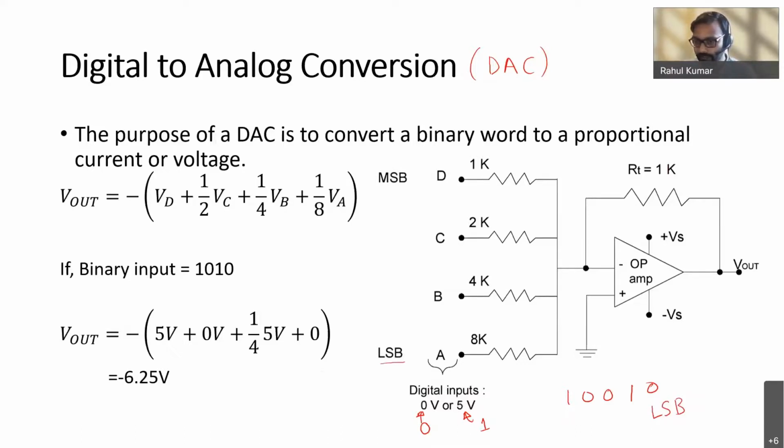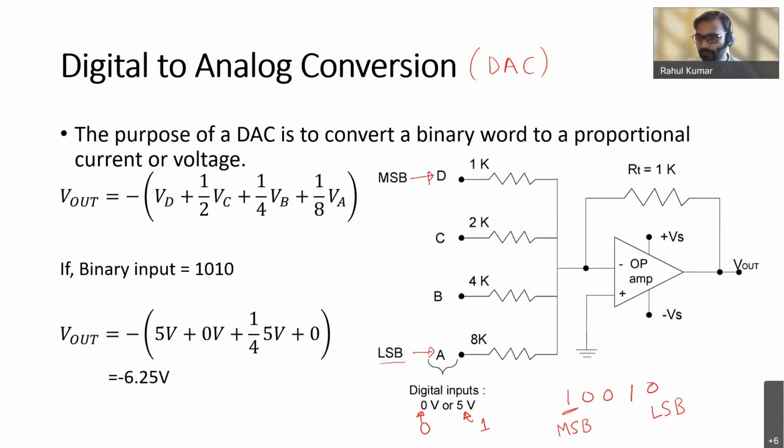And the first bit is called the most significant bit, MSB. So the least significant bit is applied to the A input and the most significant bit is applied to the D input.